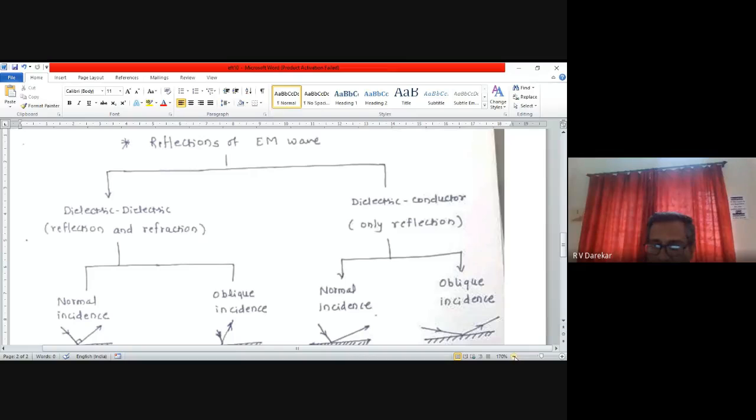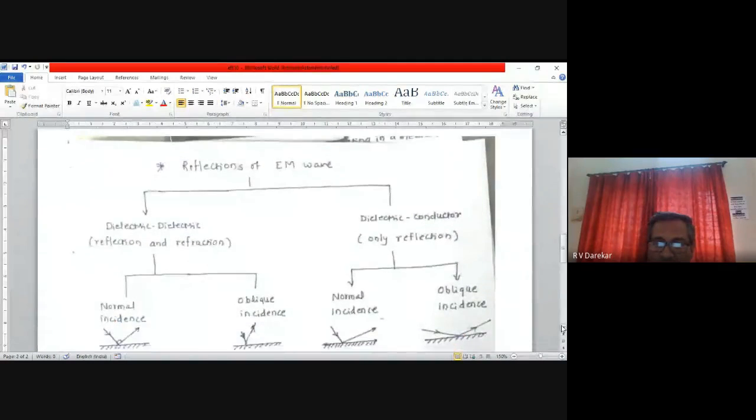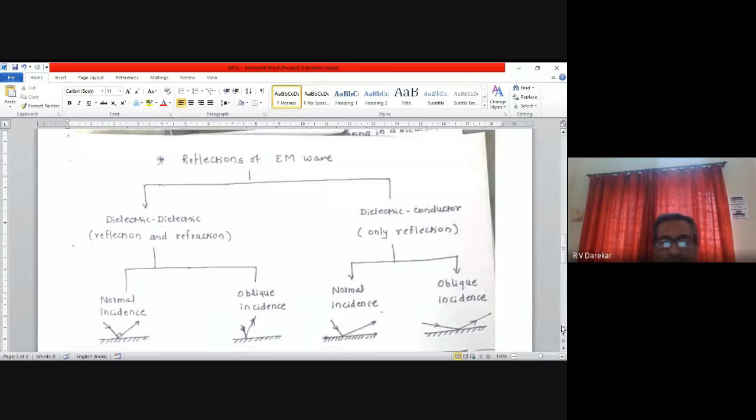So here you can observe the concept of reflection of electromagnetic waves. As everyone knows, as the name indicates, whenever a wave is incident on any surface, whether it is a conducting surface or a dielectric medium, reflection of the electromagnetic wave is a prime concern to be considered.